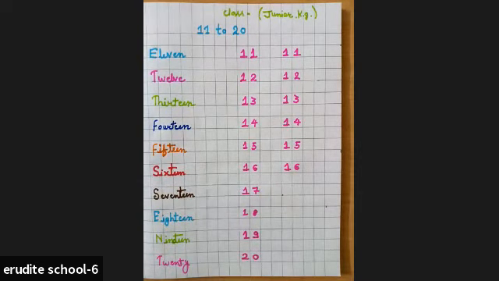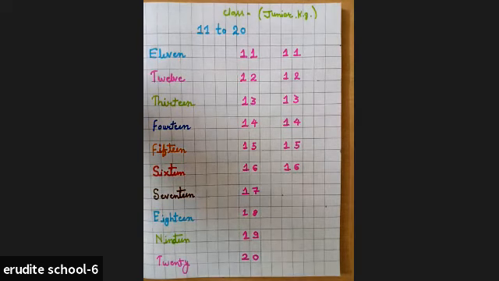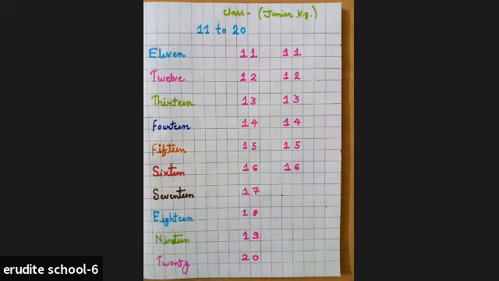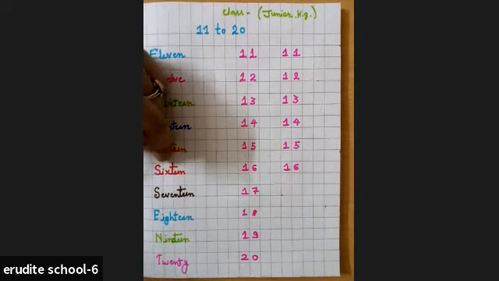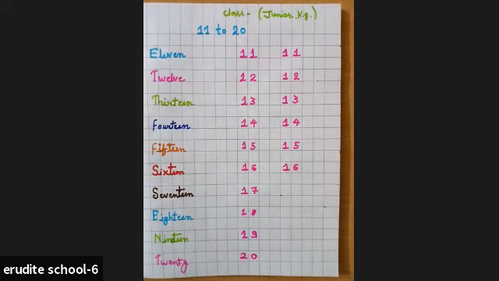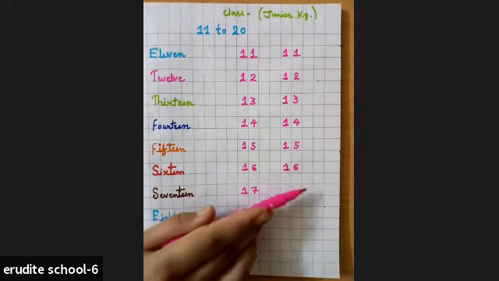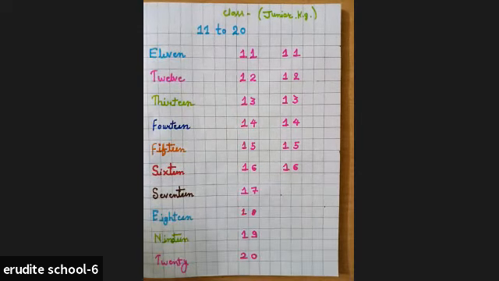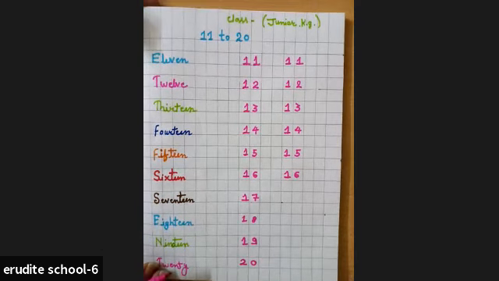Spelling of 16, beta. S I X T E E N. 16. S I X T E E N. 16. Okay. 1 6 16.